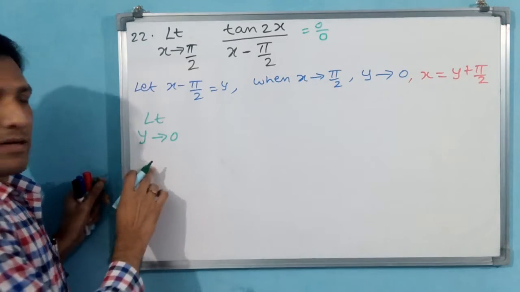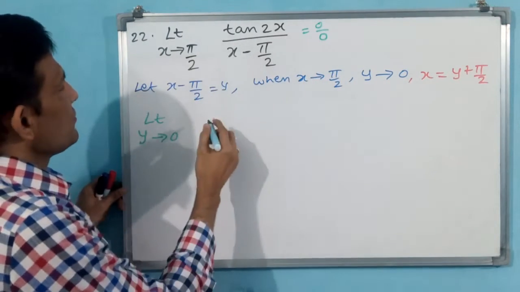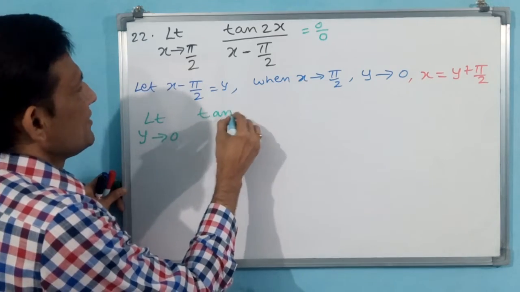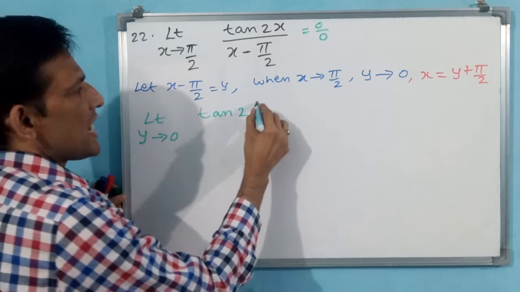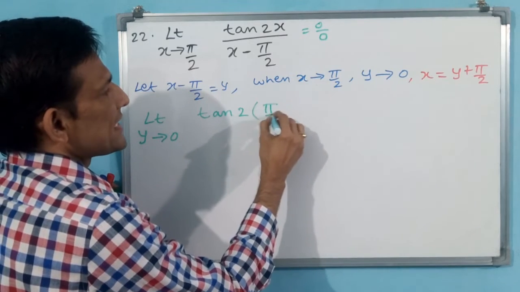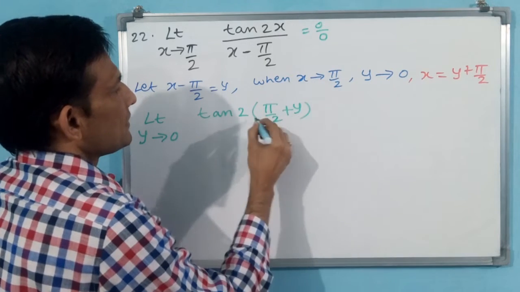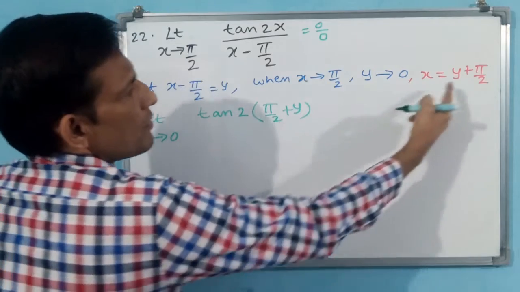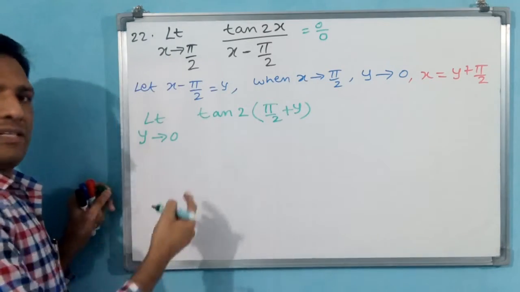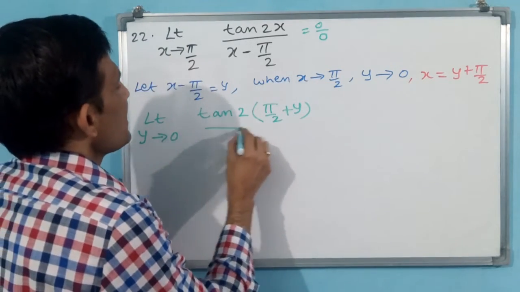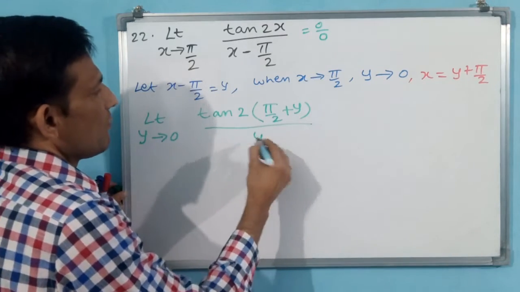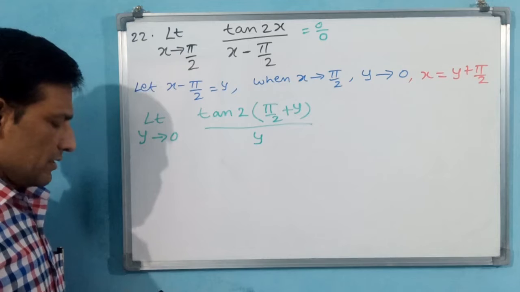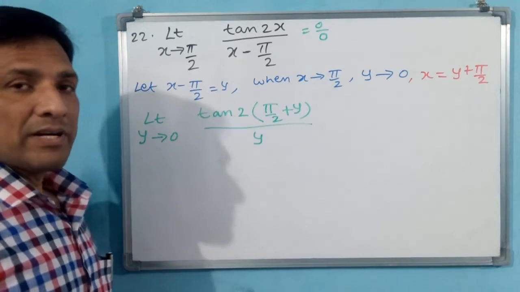Tan 2 into x, what? x is y plus pi by 2, I will write pi by 2 plus y, divided by x minus pi by 2 which is y. Okay.